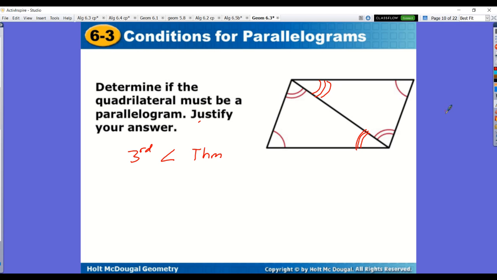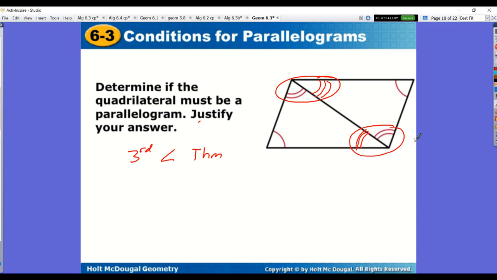And since these are both congruent to each other and these are, then this entire angle is congruent to this entire angle down here.